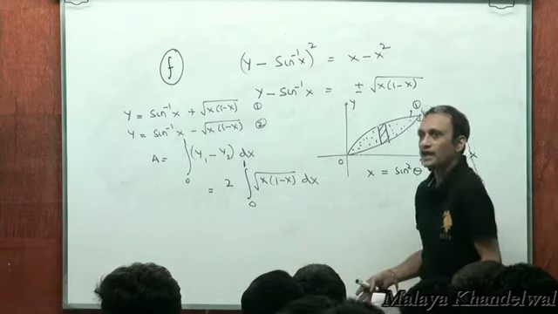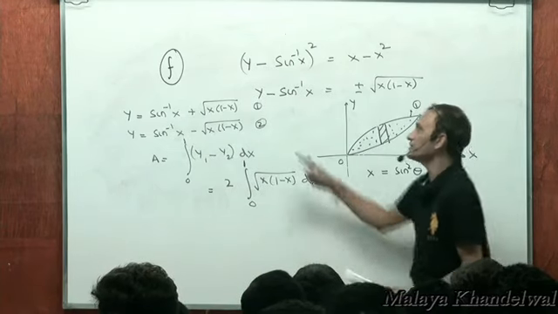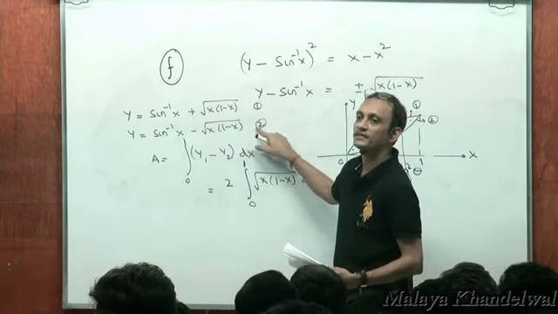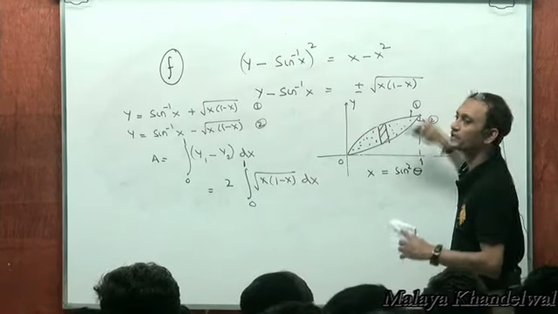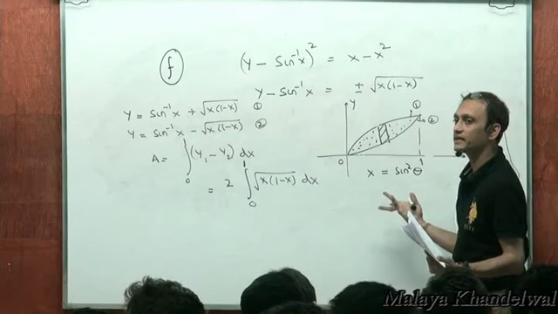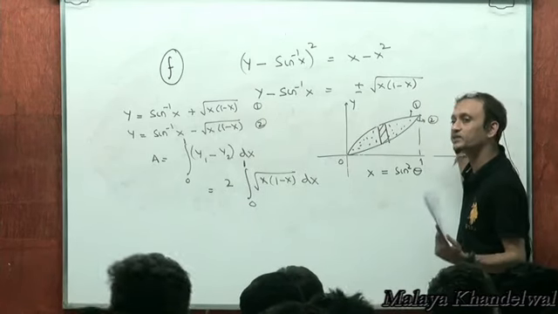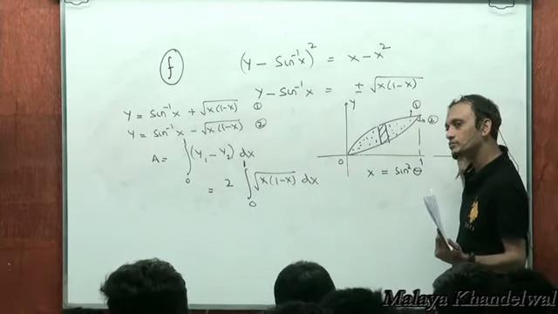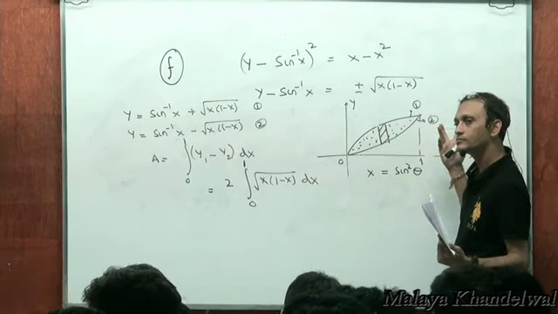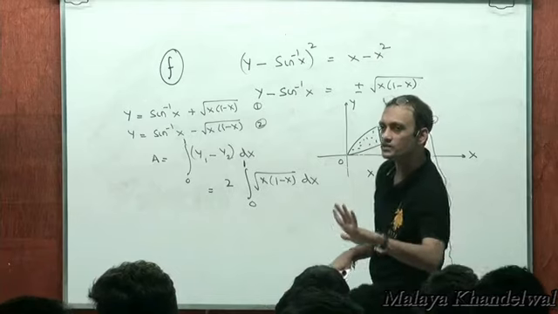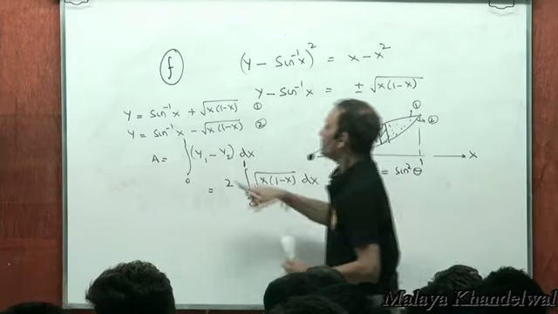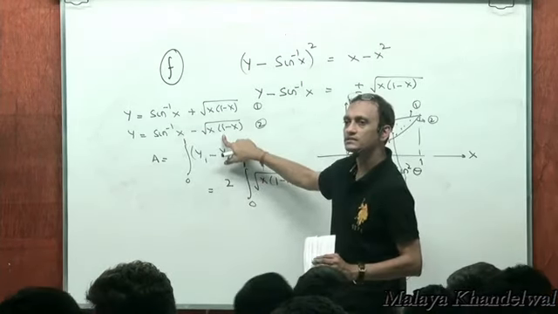See, I didn't draw the exact graph. All that I'm saying is, in the interval 0 to 1, this is above this. And they intersect at x equal to 0 and at x equal to 1. How else could it be, if they intersected at 0 and 1, and one graph is strictly above the other graph? That's all. The point is, in the interval 0 to 1, this is bigger than this.